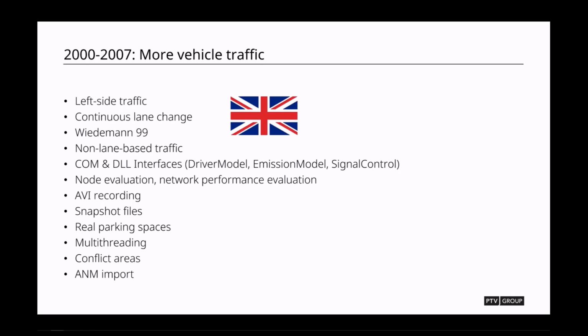Then another big one was the non-lane-based traffic, which started with bicycles. So there were requests for modeling bicycle traffic, mainly from China, where they had bicycle paths with 15,000 bicycles per hour.